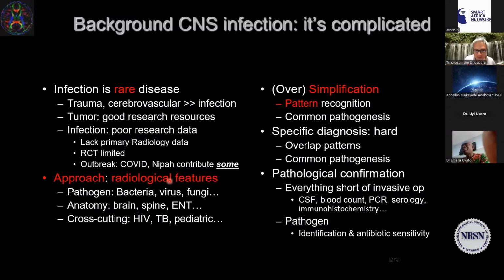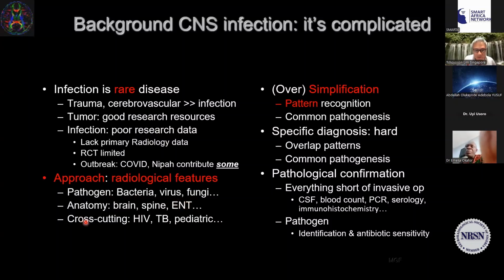The classification of CNS infections is very wide. There are many, many different classifications. Textbooks are written from the pathogen approach of bacterial infection, virus infection, fungi, and so on. They also divide into anatomical. Don't forget the brain and the spine, the head and neck, the base of skull, the ear, nose, and throat. These can all be infected.